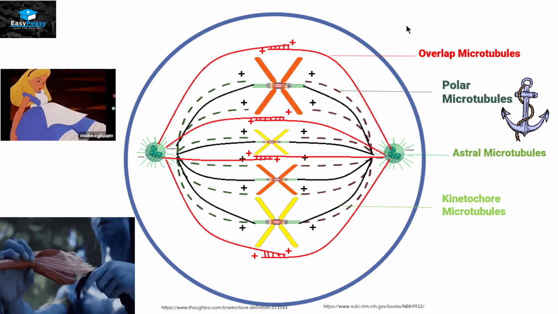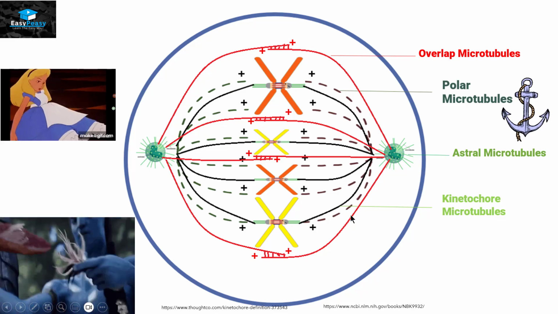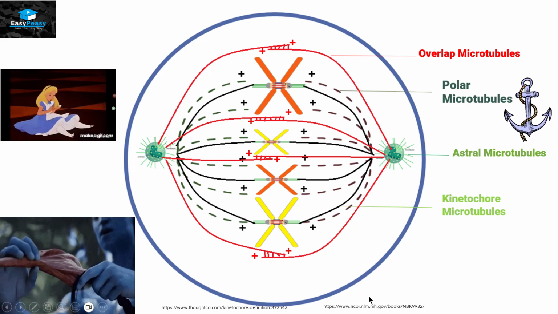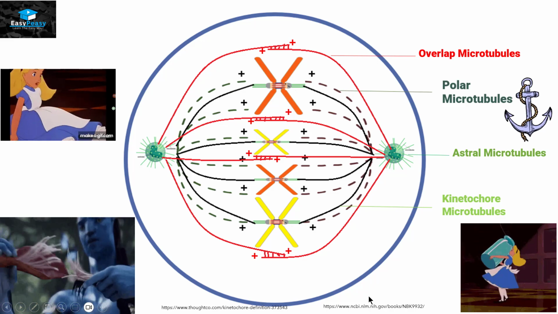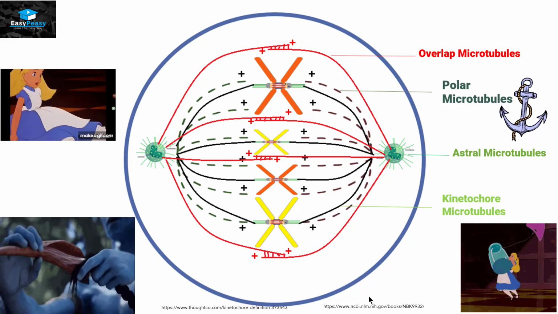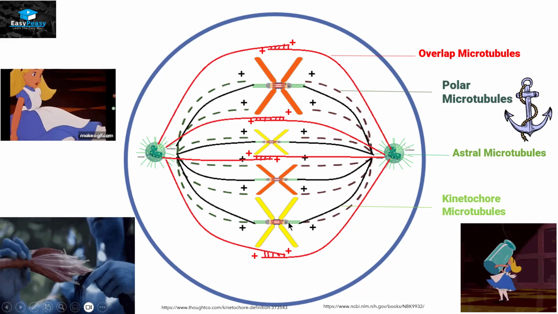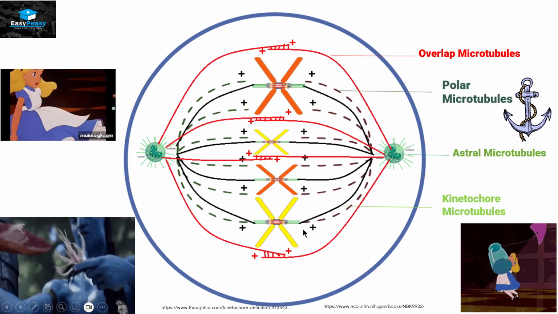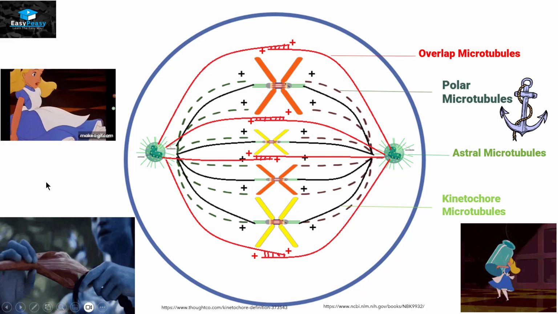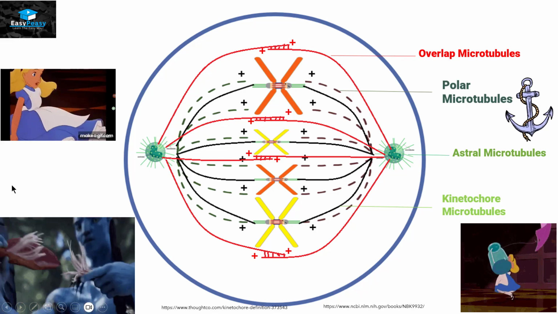On the other hand, the kinetochore microtubules that are attached to the centromere of each chromatid are going to shrink. So they will shrink and take that sister chromatid that is attached to each microtubule towards their pole. Okay, so these are the functions of microtubules.